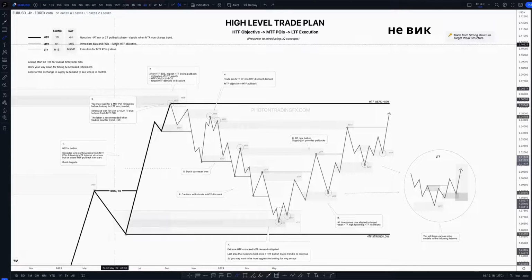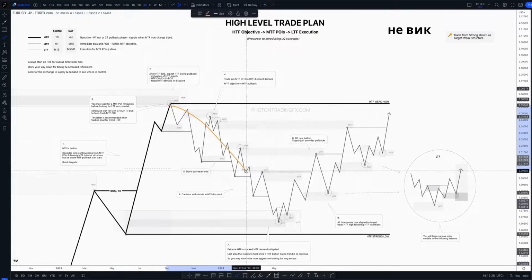And the way you want to think about the medium time frame is it's the soldier for the higher time frame, right? The medium time frame's job is to fulfill the higher time frame objective, okay? So at this point, when we're having the higher time frame pullback, if you're shorting and you're following the medium time frame because it's bearish, you have to understand that its objective at that point, it's switched bearish to do what?